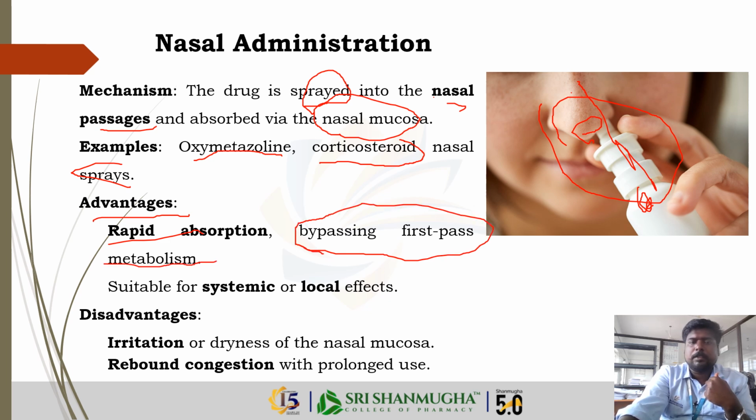First pass metabolism, we already studied: the drug reaches the portal circulation itself and is metabolized, so it does not reach the systemic circulation. This route bypasses first pass metabolism, and is also suitable for systemic and local effects.